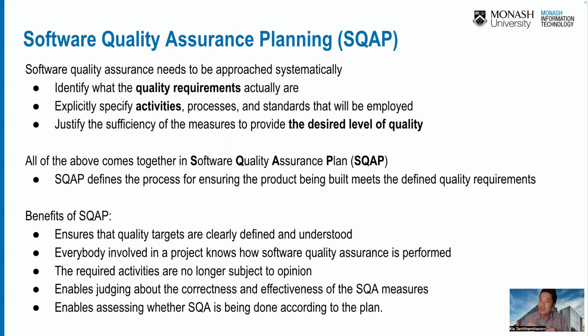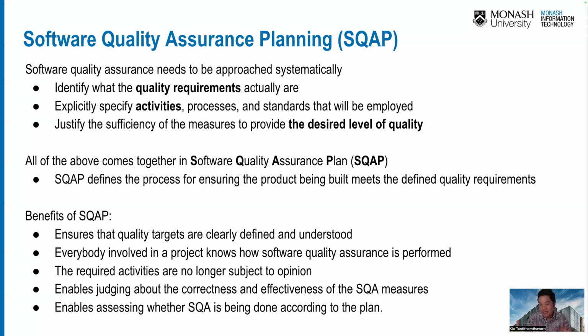It doesn't need to be extremely detailed, but just enough quality measures and requirements, that kind of thing, to control the quality of the software products. Does it make sense, everyone? Yeah. So that's the part of the planning, okay?